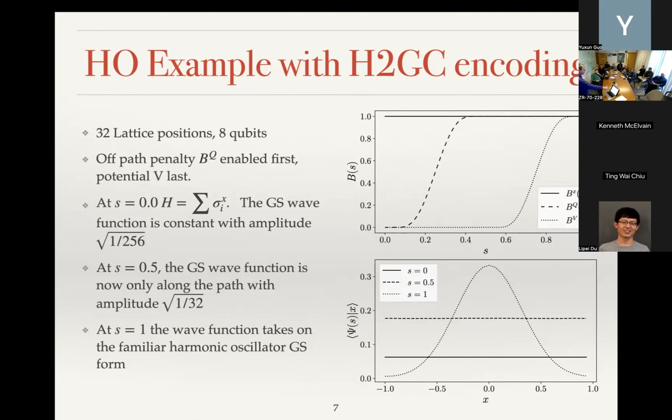So this is an example of a harmonic oscillator built with this encoding. This is a 1D problem. So we did 32 lattice positions with 8 qubits. And what we show in this graph on the upper right is the first thing we do is we turn the penalty on so that we go from 256 product states that are kind of active, and then we end up with 32 product states, and everything else is suppressed.